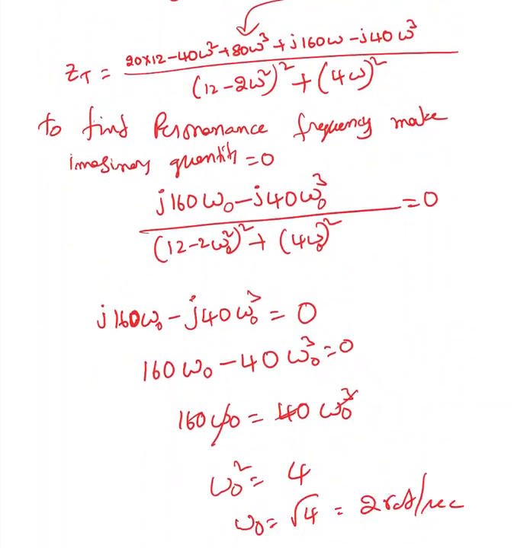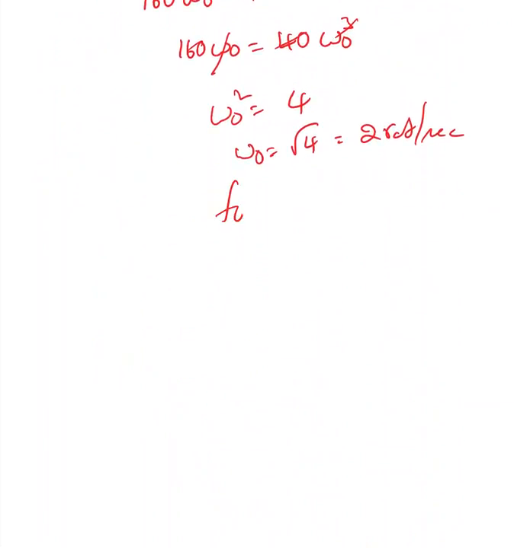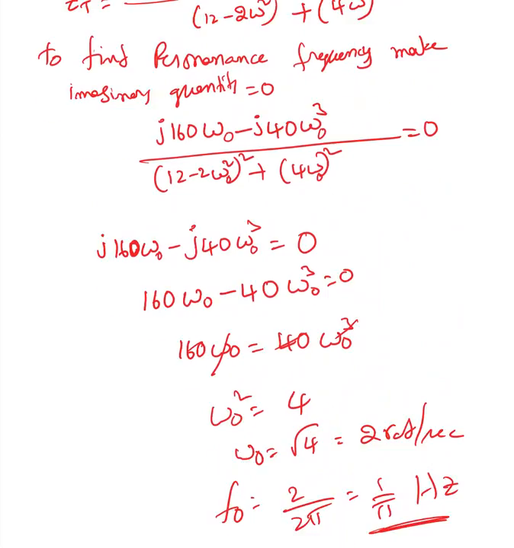Basically, frequency is the number of cycles per second, which is 2 over 2 pi, which is 1 over pi hertz. So what does the negative indicate? It doesn't make any sense, or probably it's rotating in the opposite direction. I don't know, but I'm ignoring the negative part. Just take the positive number. The resonant frequency is equal to 1 over pi hertz.